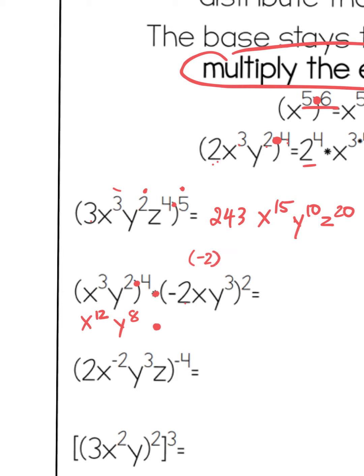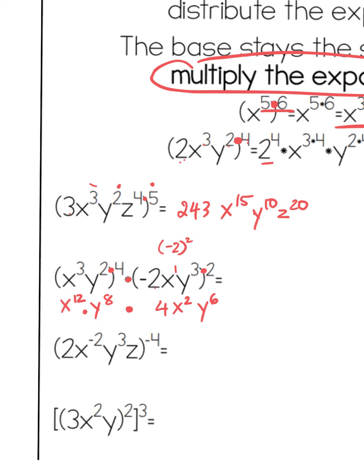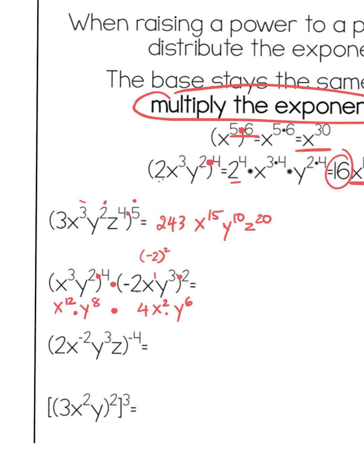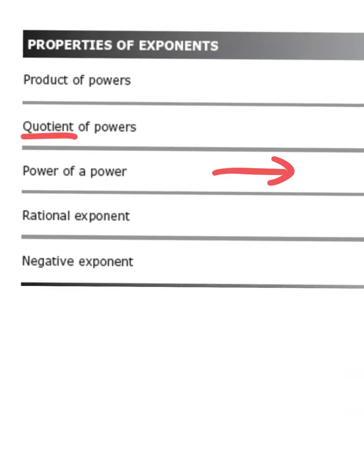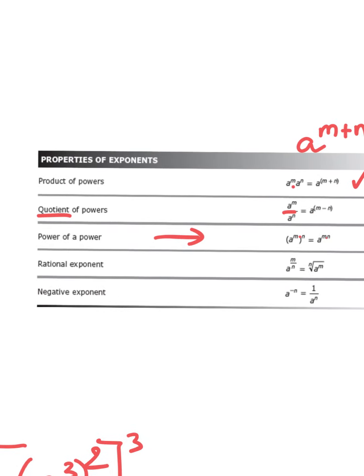Make sure you put it in parentheses and use the calculator, or you know that negative 2 times negative 2 is positive 4. x1 times 2 will be x2. y3 times 2, y6.